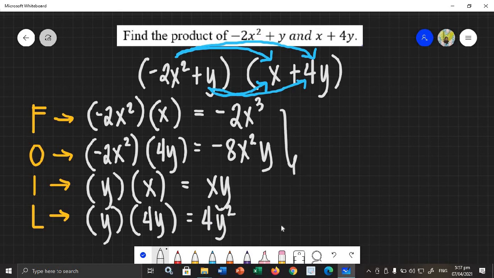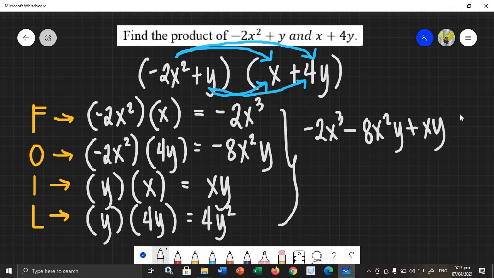And then right after getting all the products, let's combine them. Okay? Let's write them in horizontal form. So negative 2x raised to the third minus 8x squared y plus xy plus 4y squared.